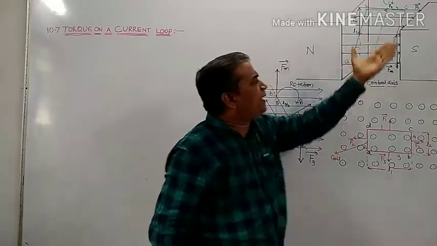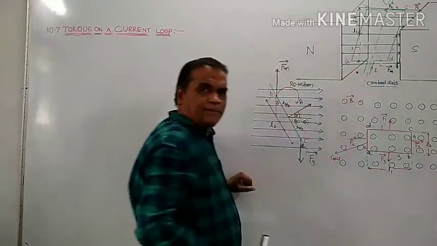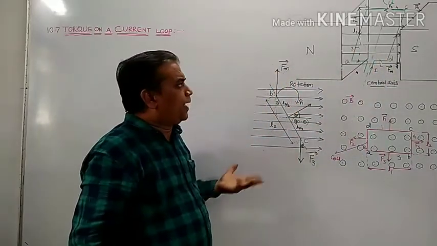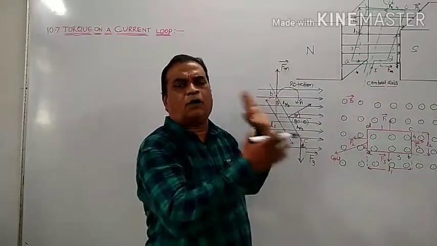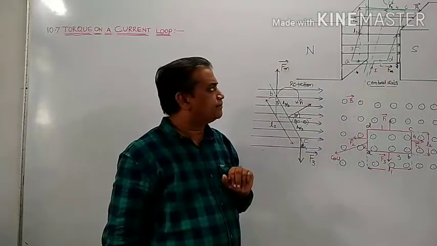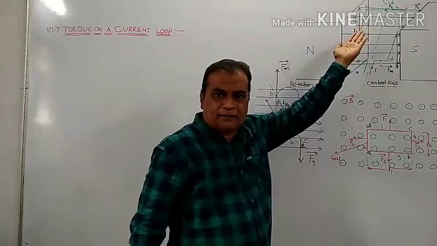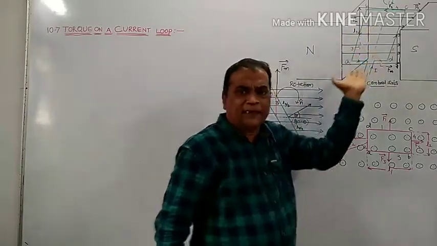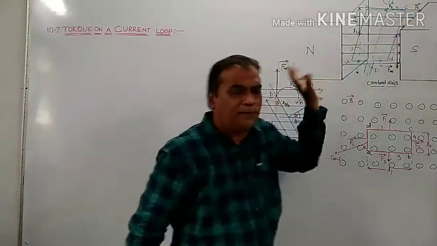It is suspended in a uniform magnetic field produced by the two opposite poles of a strong magnet, such that the plane of loop ABCD remains parallel to the direction of magnetic field B.